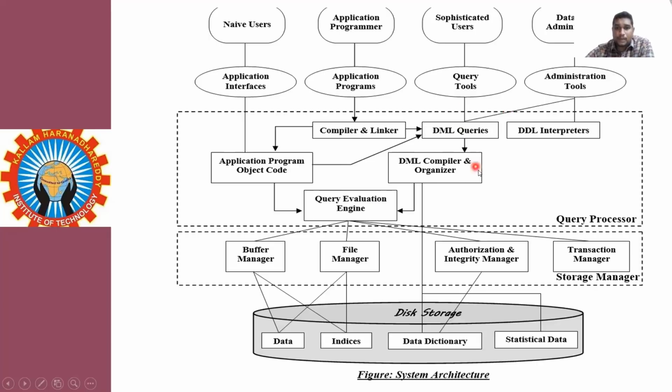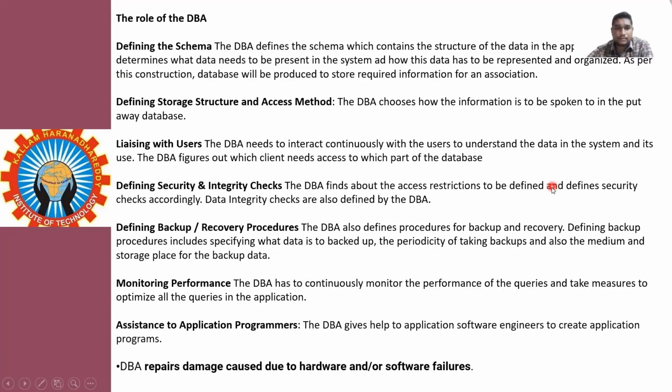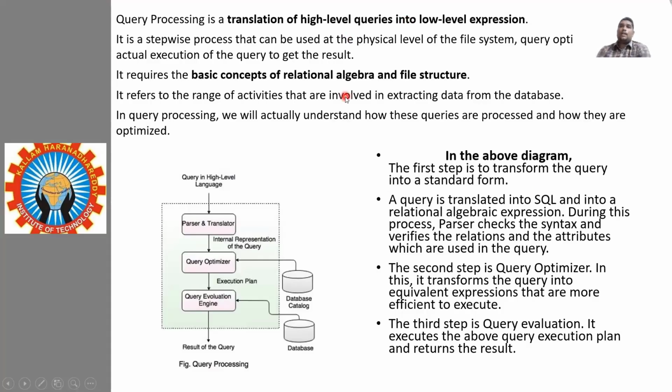So now you have an important concept called the query processor. We will discuss all these things, no problem. When you see the diagram, you can understand what is going on. See this. I already said that the query processor is a processor which converts expressions from high level to low level.